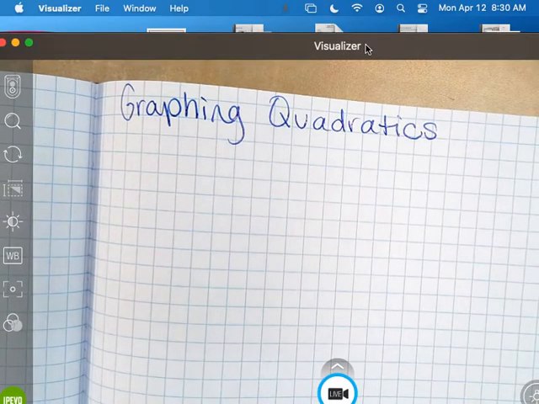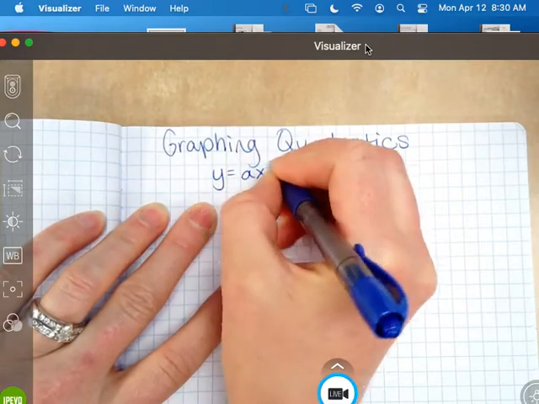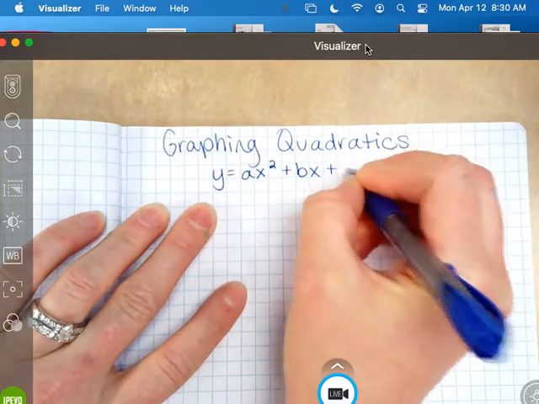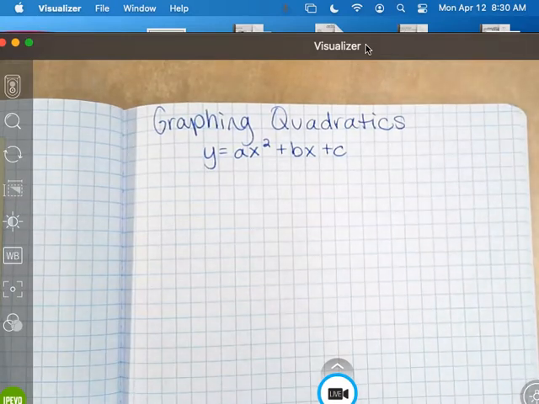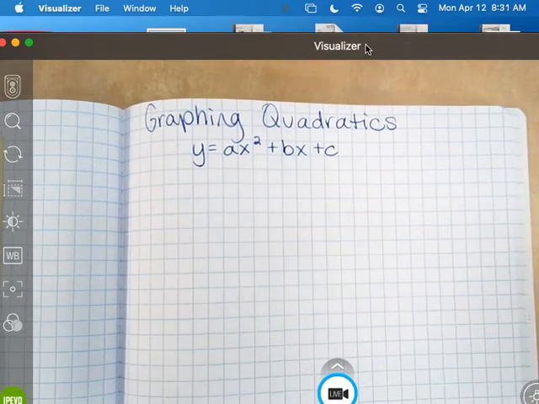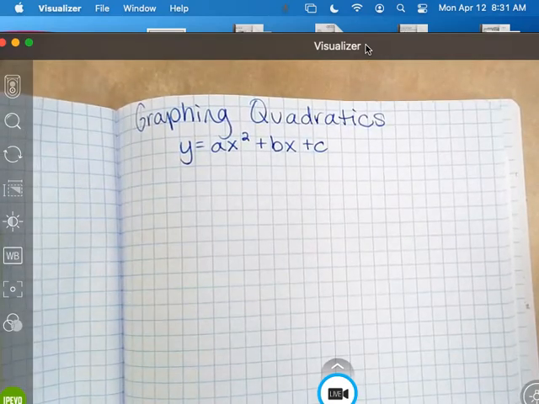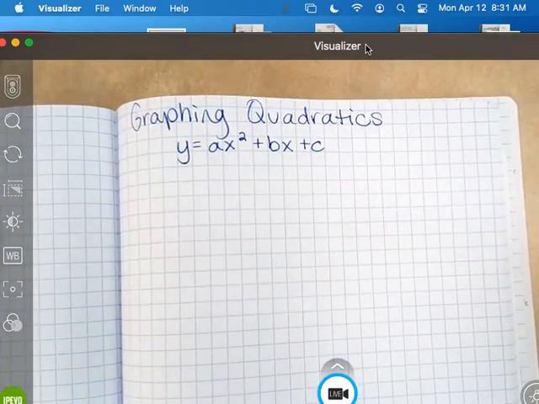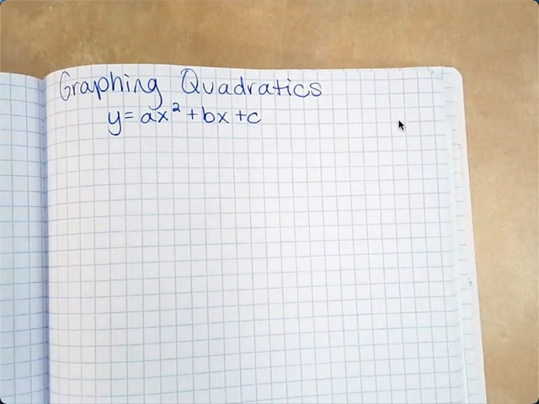So I went ahead and wrote this in my journal, graphing quadratics. I'm going to write that y equals ax squared plus bx plus c. This is called our standard form of the quadratic. And this is in our formula chart.